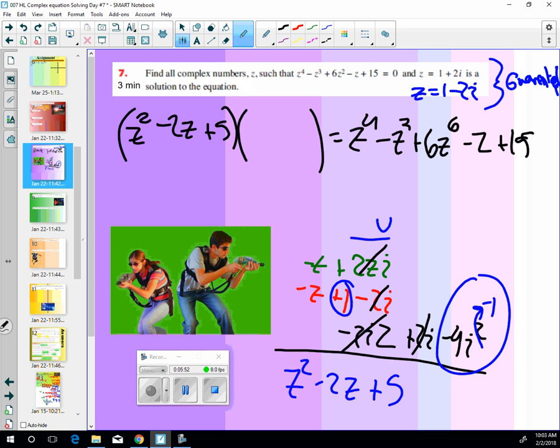And then you figure out z squared times what is z to the 4th? z squared. And 5 times what is 15? Plus 3. And I think that will get you all the middle terms. And so z squared plus 3 equals 0. You're going to get z equal to plus or minus 3i.